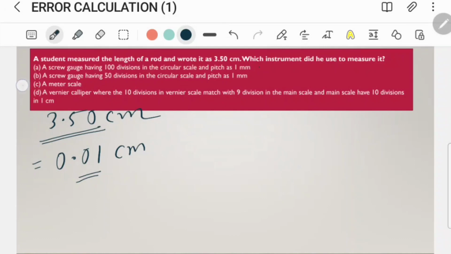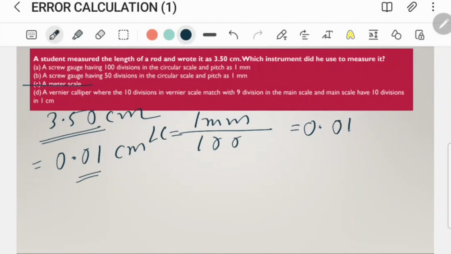So meter scale is not an option. Screw gauge having 100 divisions and a pitch of 1 millimeter is 1 millimeter divided by 100. So the least count is equal to 0.01 millimeter. That is a very fine accuracy than this. So this is also not an option.